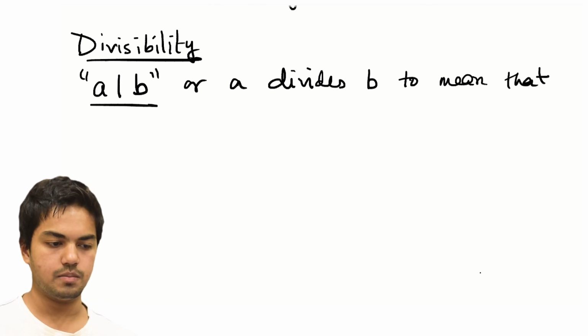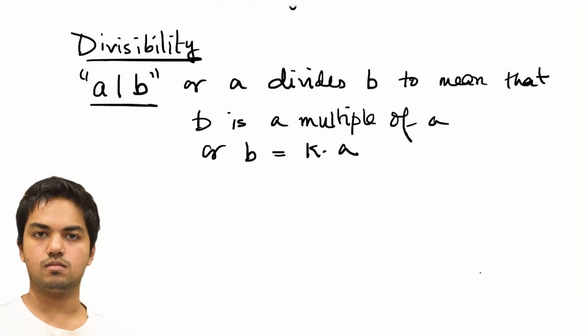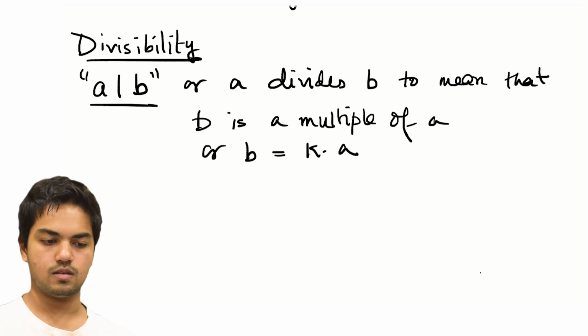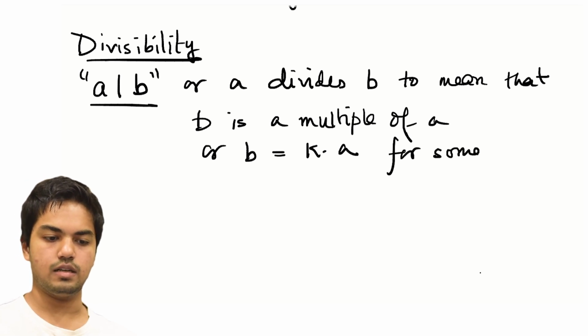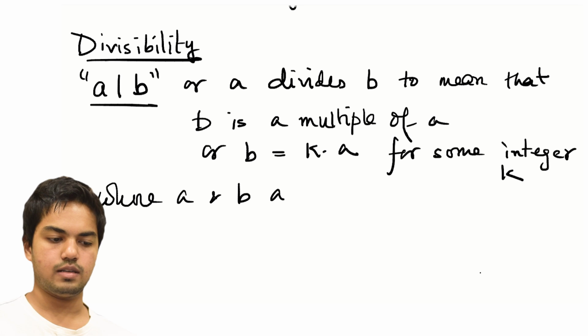It's a restatement that B is a multiple of A, or that B is K times A for some integer K. That's exactly what it means. All of this is where A and B are integers.